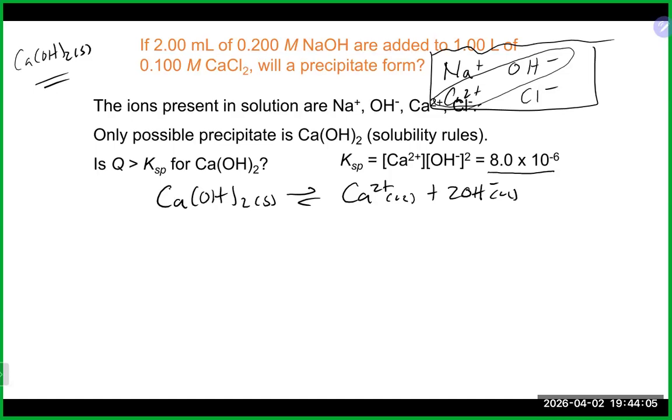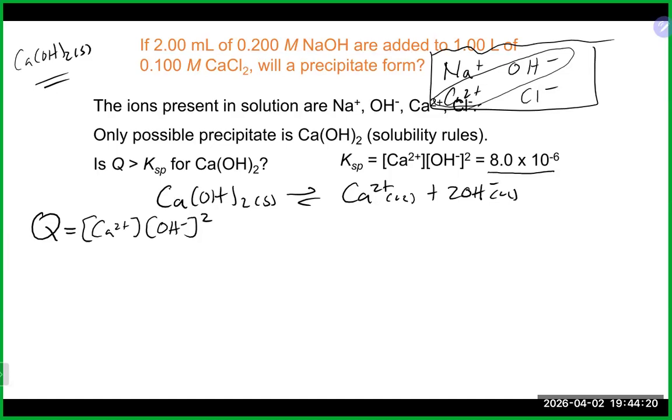Now, remember that we calculate Q the exact same way as we would calculate the KSP. So in this case, Q is equal to the concentration of calcium times the concentration of hydroxide, and again, we do need to square it.